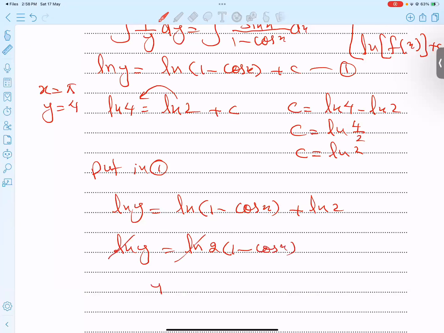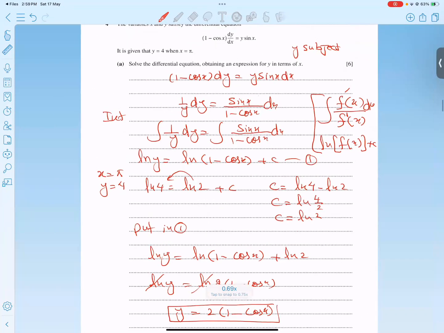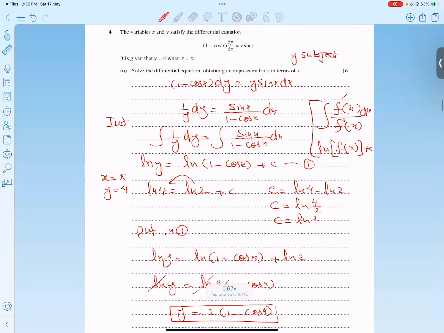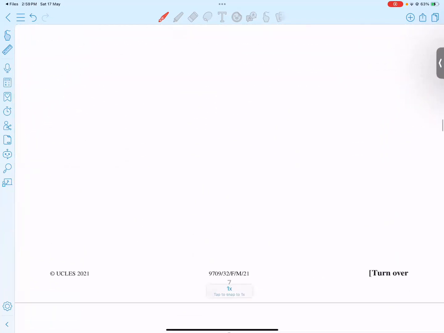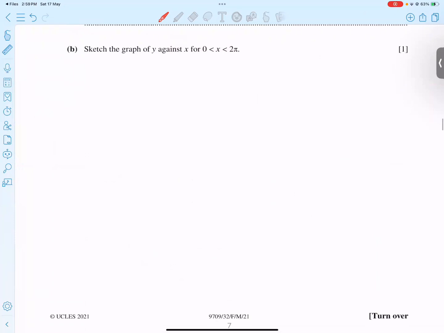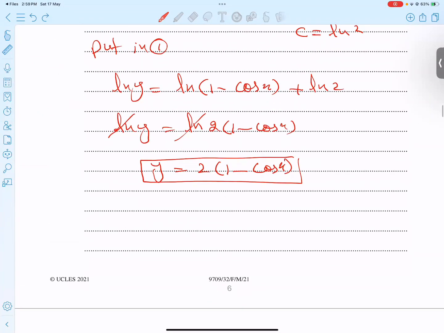Log cancels, and y equals 2 times 1 minus cos x. And this is my final form of this part of the question. But he said further, B part is asking extra. Sketch the graph of y against x till 2 pi. So sketch y against x. It means I have to sketch it.